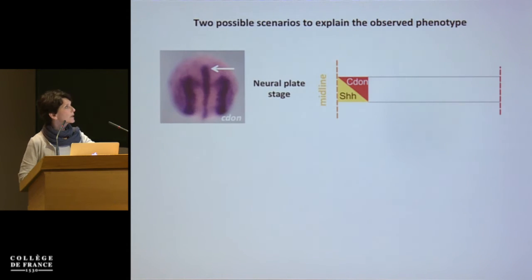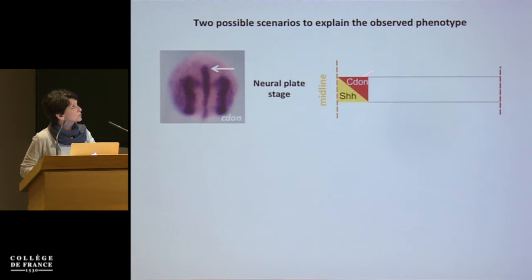Now, there are two ways of interpreting this result. We know that Kidon is expressed very early on at the midline in the gastrulating embryo, overlapping with Sonic hedgehog expression.